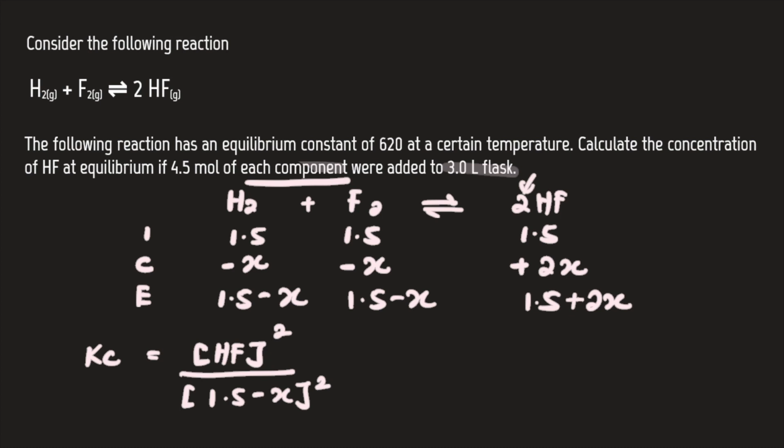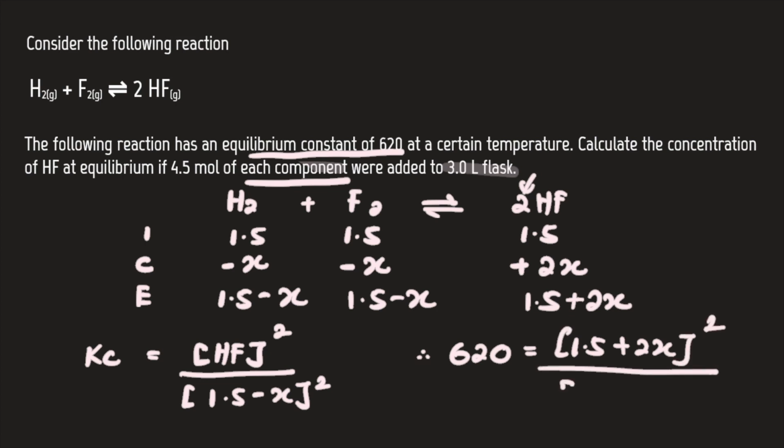And in the question, it's given that the equilibrium constant is equivalent to 620. So 620 is equivalent to (1.5 plus 2x) squared divided by (1.5 minus x) squared.